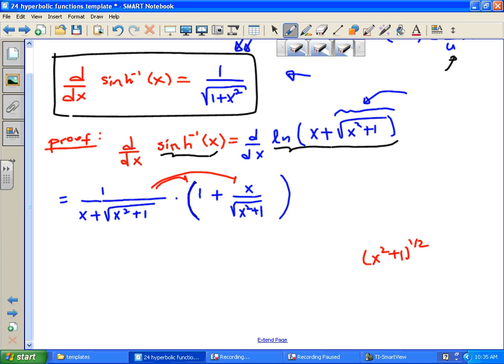So let's do so. This times 1, you get the same thing back. And then this times the second one, I need to multiply the bottoms.